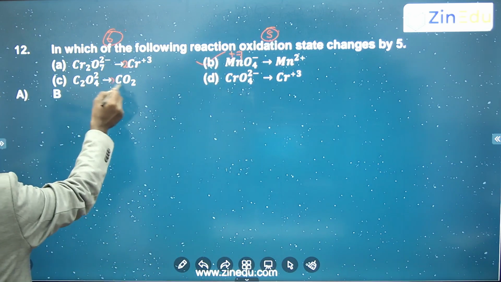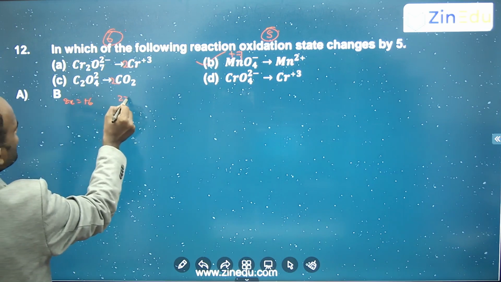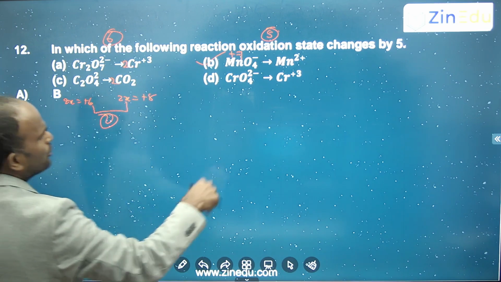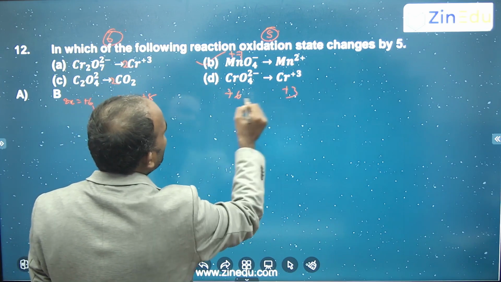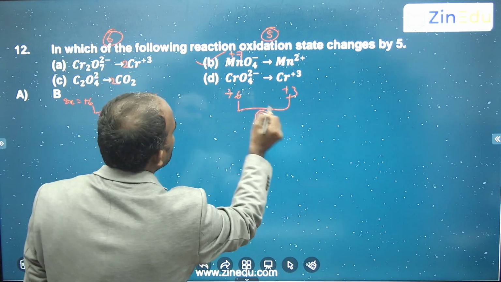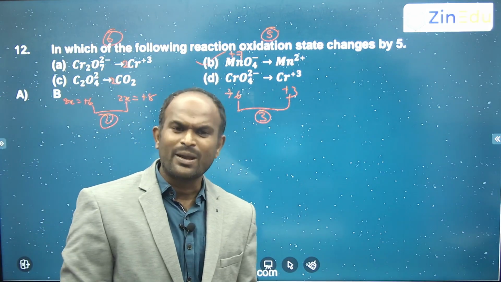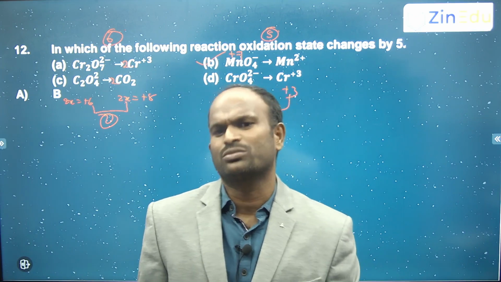In the 2CO2 case, 2x is equal to plus 6, 2x is equal to plus 8, so 2 changed. CrO4 2- is plus 6 to plus 3, so the change is 3. So who changed by 5? That is MnO4 minus to Mn 2 plus. So this is quite easy for you.